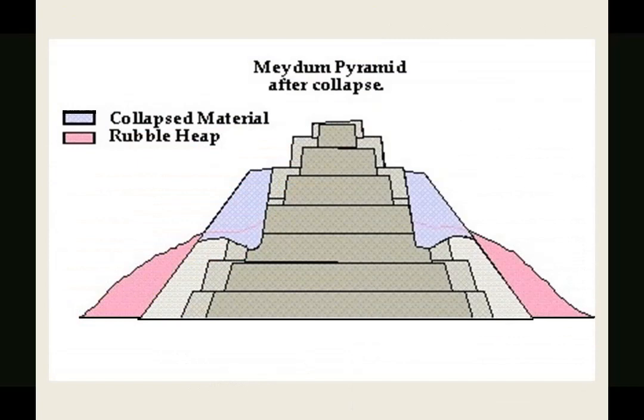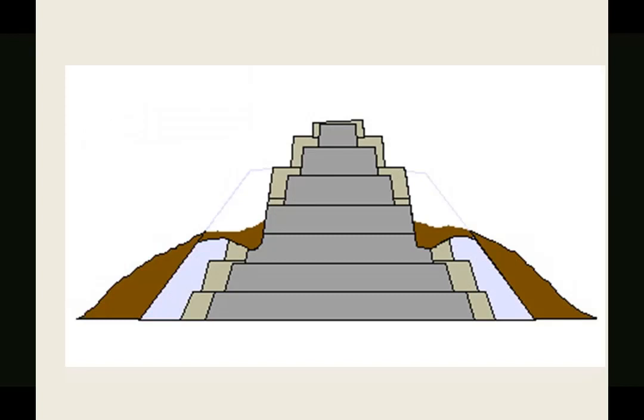So this was originally placed, but then right here it broke and collapsed, giving us this rubble heap. There's the weak spot that went all the way around the pyramid and kind of looked like that after it collapsed.